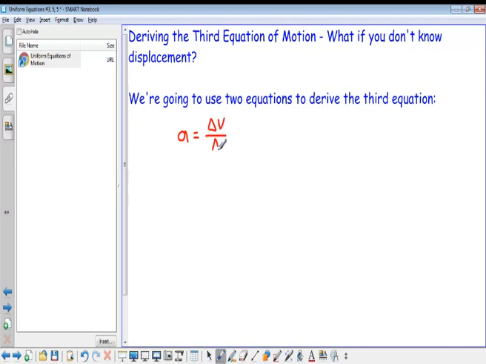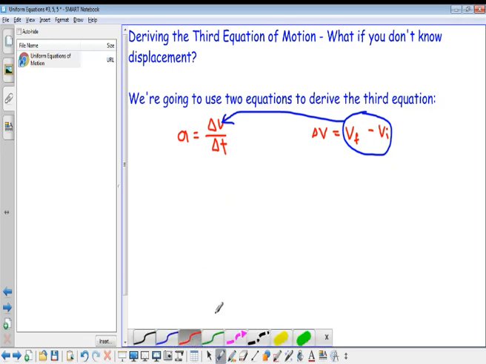So we know this is equation number 2, and we know that delta V is final velocity minus initial velocity. So now I'm going to substitute in VF minus VI into delta V in equation number 2.